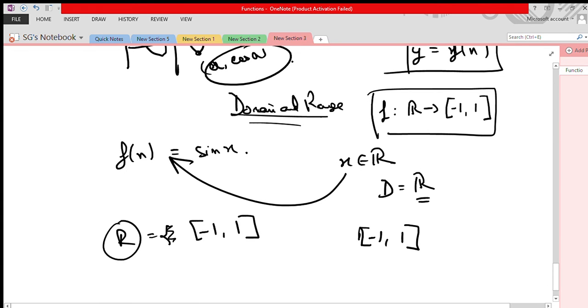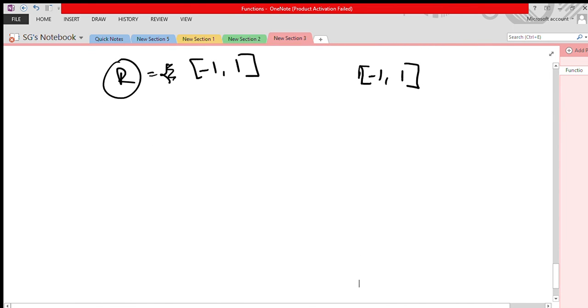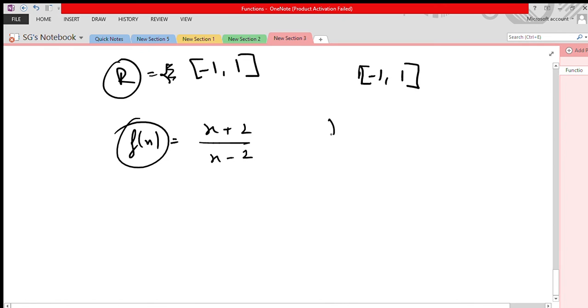Got it? For example, you have the function f(x) equals (x + 2)/(x - 2). The only element which cannot be used as an input in this function is x equals 2, because as you put x equals 2, your denominator will become 0 and you cannot divide anything by 0.